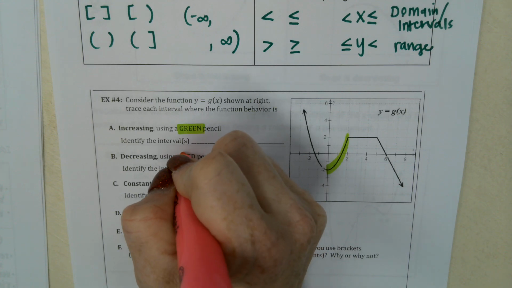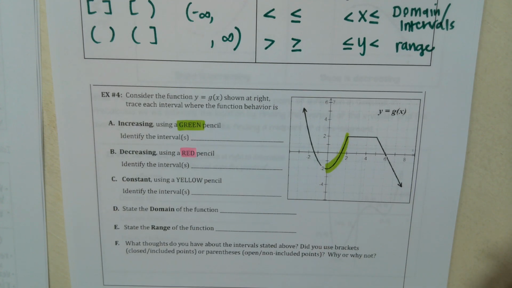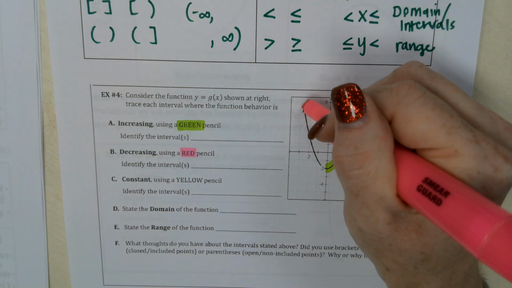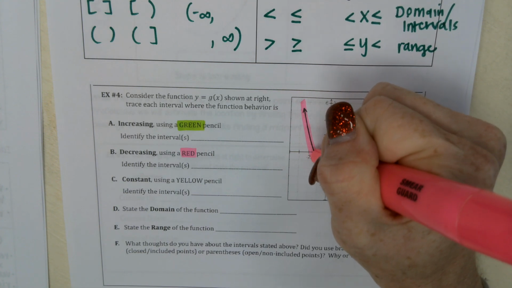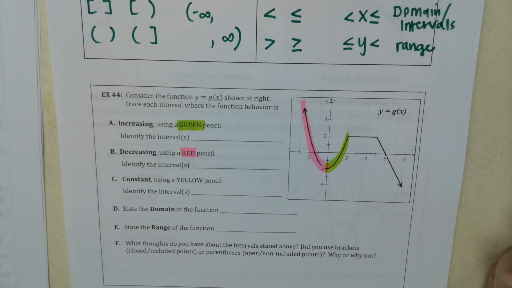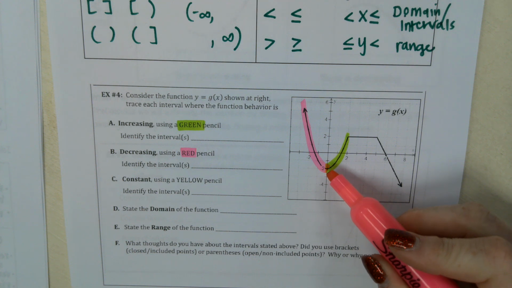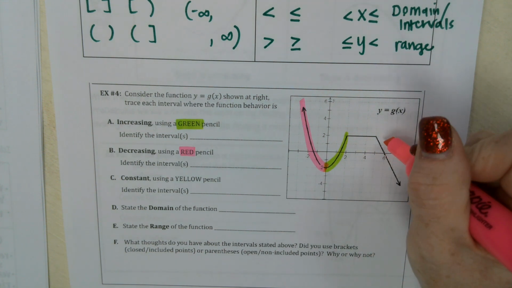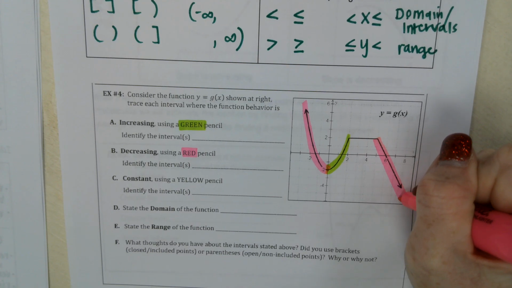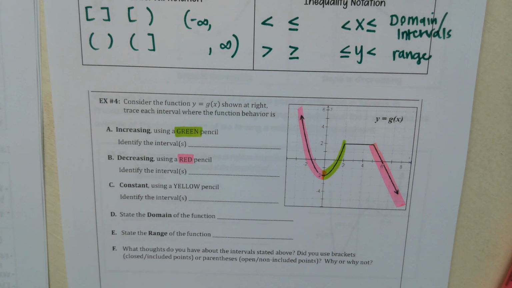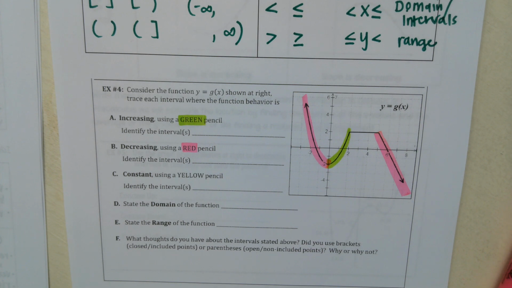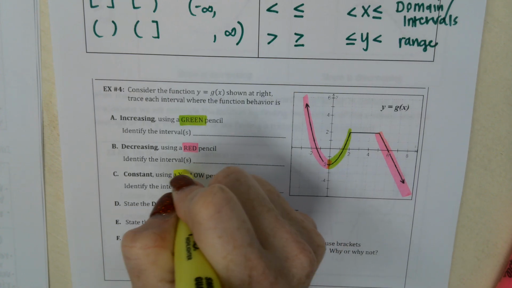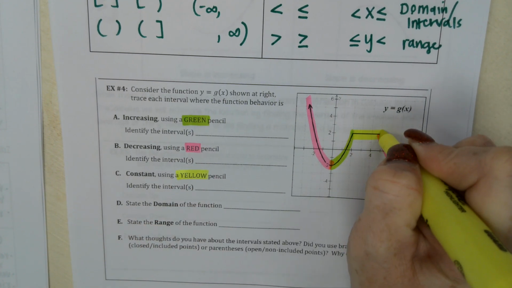We are asked to highlight anything that is decreasing in red. My graph is decreasing from the left until I get to this point where it turns to go up. And it also decreases again on the right-hand side. And this graph is constant right here.